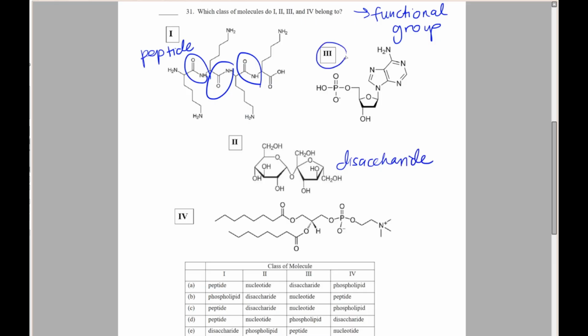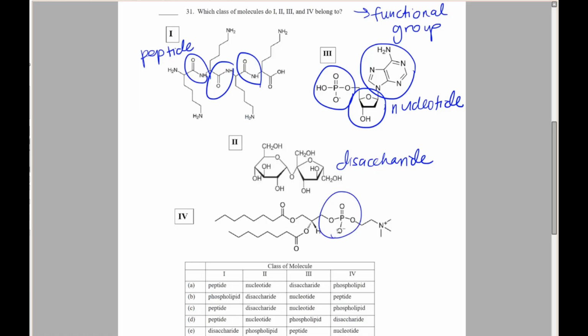For molecule 3 up here, we see that there's a phosphate group, we have a sugar ring, and we have 1/2 of a base pair. So that's going to be our nucleotide. And lastly, for molecule 4, we see that there's also a phosphate group, and we also have these 2 very long hydrocarbon chains, which are relatively nonpolar.